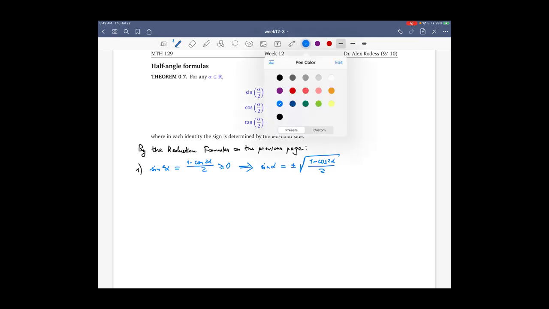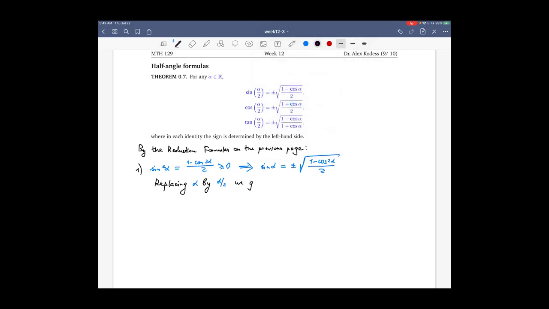And replacing here alpha by alpha over 2, we get the desired formula.